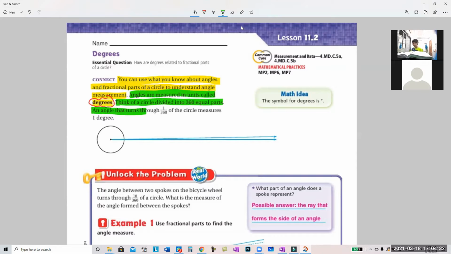An angle that turns through 1 over 360 of a circle measures 1 degree. Okay, as I said before, if we want to measure an angle, you have to use degree as a unit of measuring angles, okay?